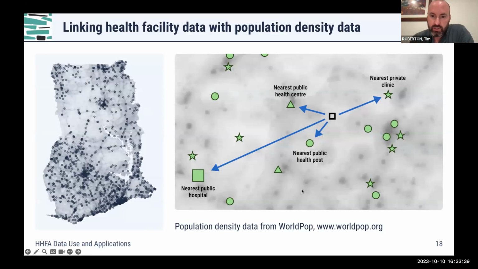But the idea is that we're using population density data from WorldPop, who have publicly accessible and really high quality raster files of where a population lives within a country. And then in our analysis, for every pixel in that image of the country, we're saying what is their nearest hospital, their nearest public health center, private clinic, and then we're matching that with data from the HHFA, so we can get estimates of where people are likely to seek care, and if they do seek care from different facility types, are they likely to get care?